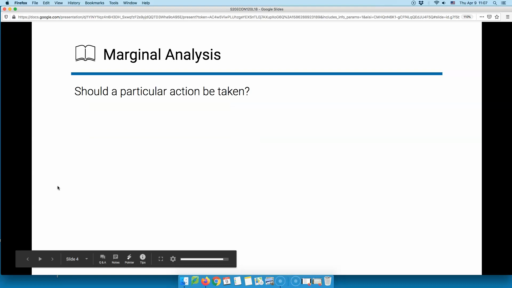We've been dealing with questions like, should a particular action be taken earlier in this course by looking at situations when consumers had to decide how much to consume, how much of a product to purchase, and producers had to decide how much to produce. And the general idea of marginal analysis is that when you have to decide whether you should take a particular action, you need to look at how much additional benefit it will generate you and how much additional cost you will incur.